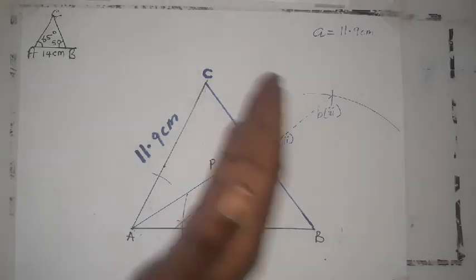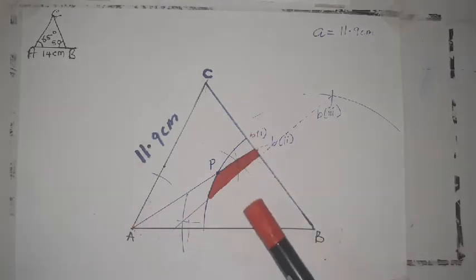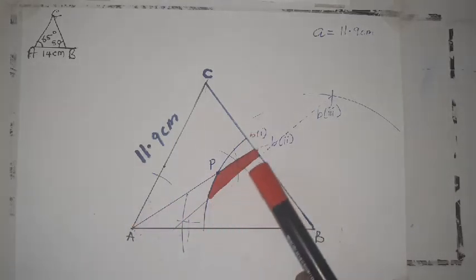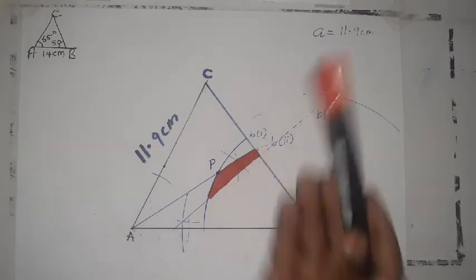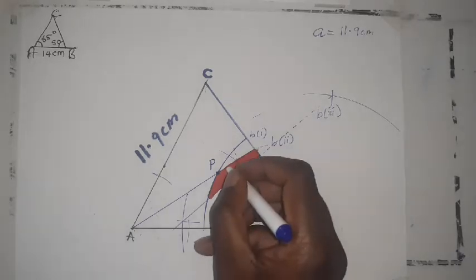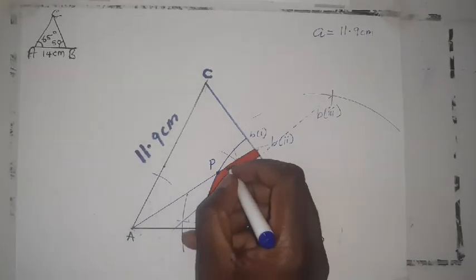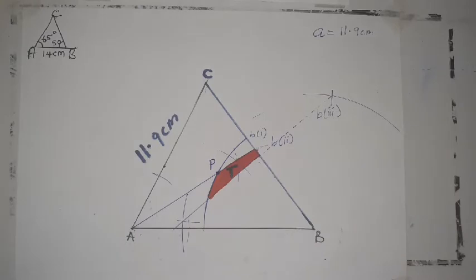It is below, and when it comes to this one, it's closer to this one. When we are looking at this line, it's closer, it's going to C. Okay? So that is where our point T must lie. So we can put our T here. That is where our T must lie.